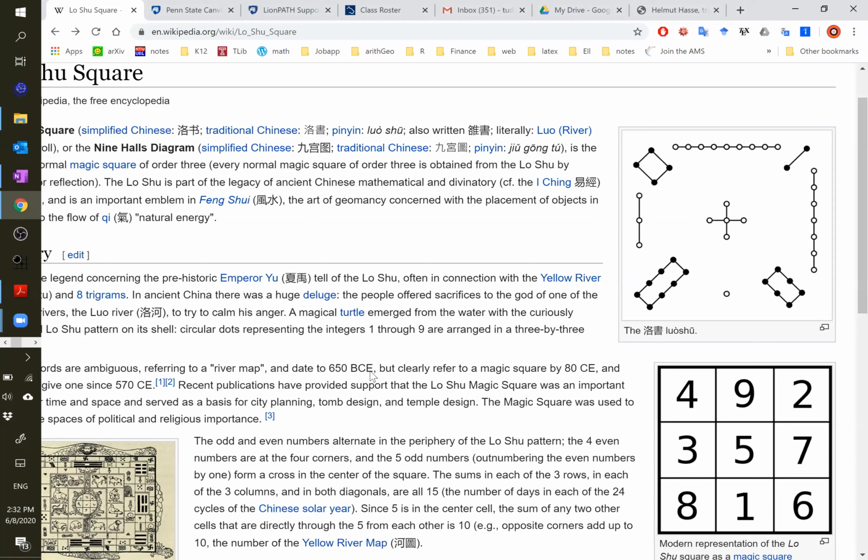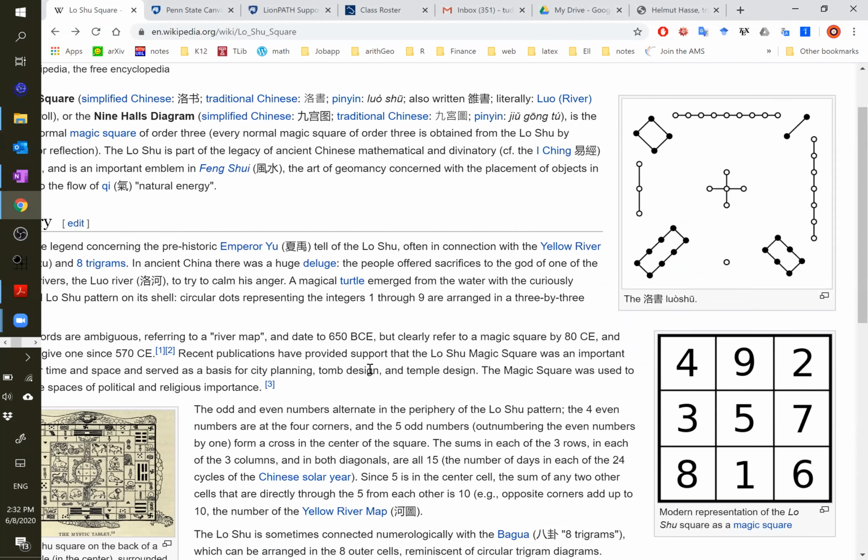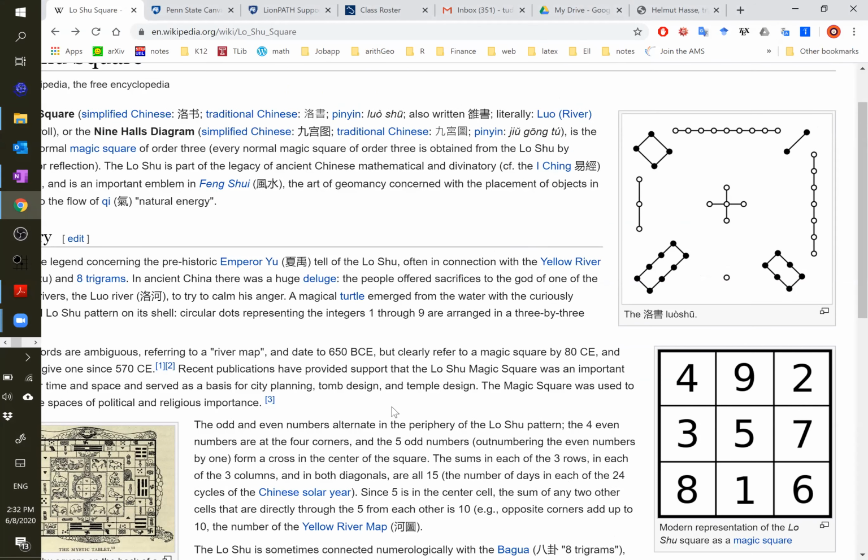So you see the numbers. You rearrange the numbers 1 to 9 such that the columns, rows, and diagonals sum to the same number. This number you can easily calculate; it should be 15. Now let's go back to our original.